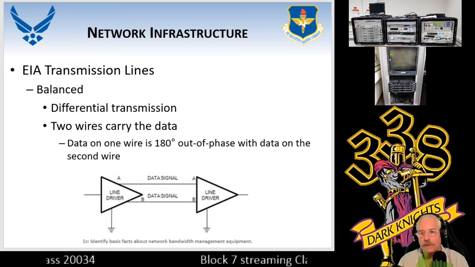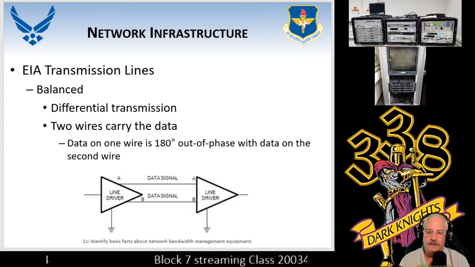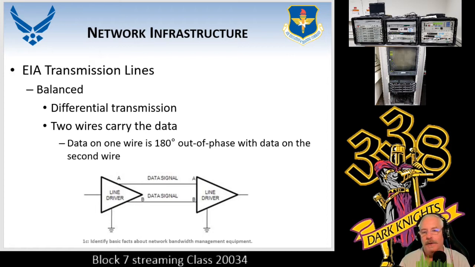So when you go down the line, please understand that when you go a distance on twisted pair, there's probably going to be noise on them. And with that, when it gets to the distant end, by putting both signals back into phase, you're able to cancel out the noise.